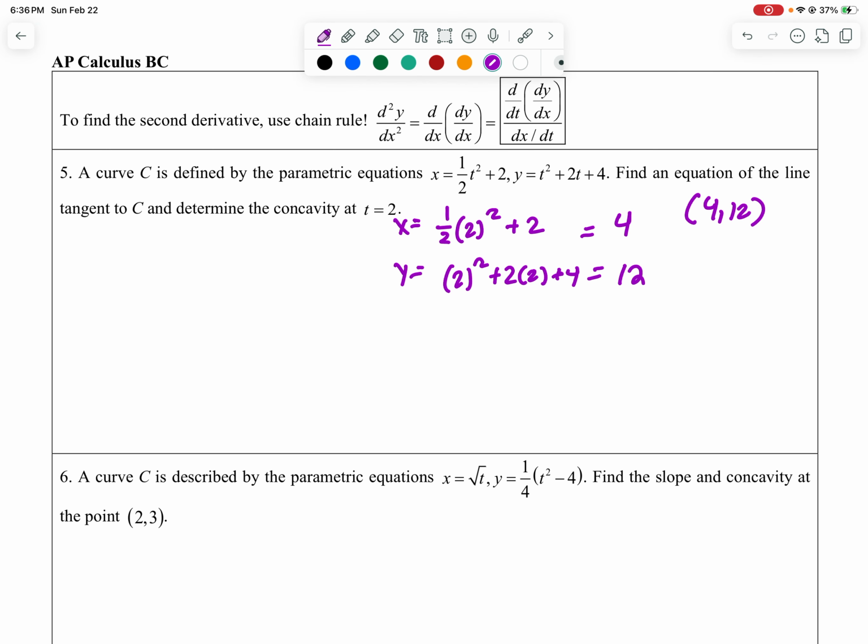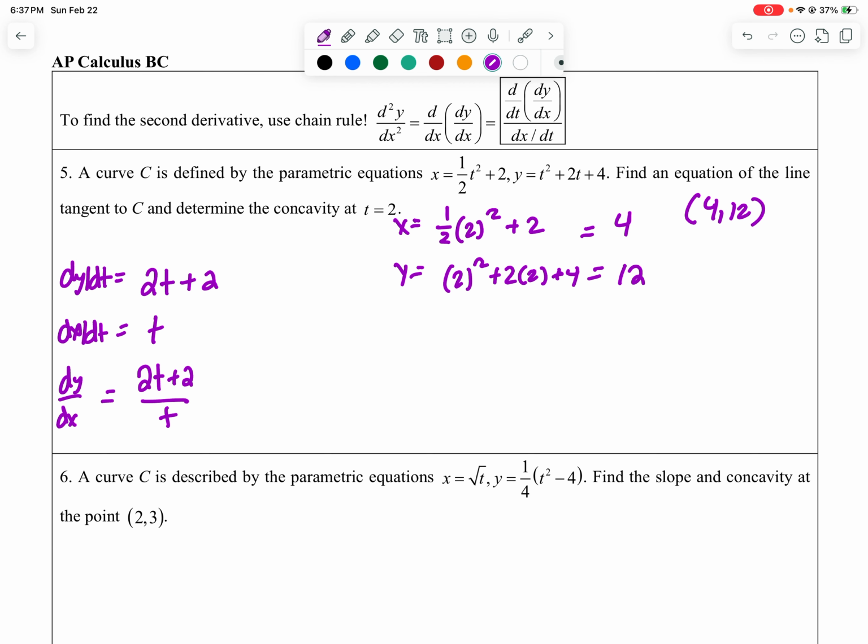Now that means that our slope, remember, we have to do dy dt and then dx dt. So dy dt is going to be equal to 2t plus 2. dx dt is going to be t, which means that dy dx is 2t plus 2 over t.